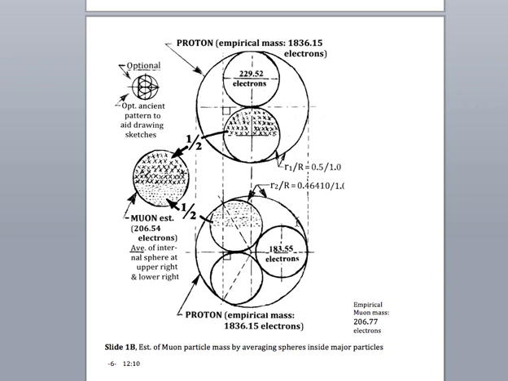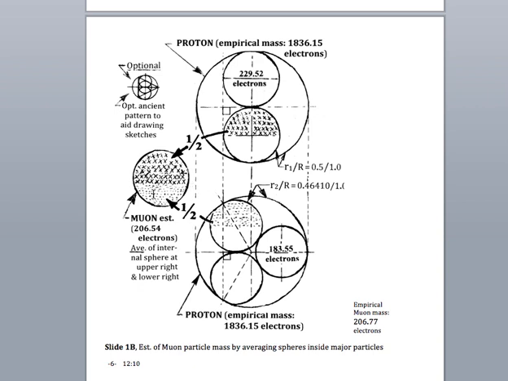And as shown toward the left-hand side of the page, we average the volumes of one medium-sized sphere from the upper sketch with 1 medium-sized sphere from the lower sketch. And that averaging gives us 206.54 electrons, as shown at the left of the page.